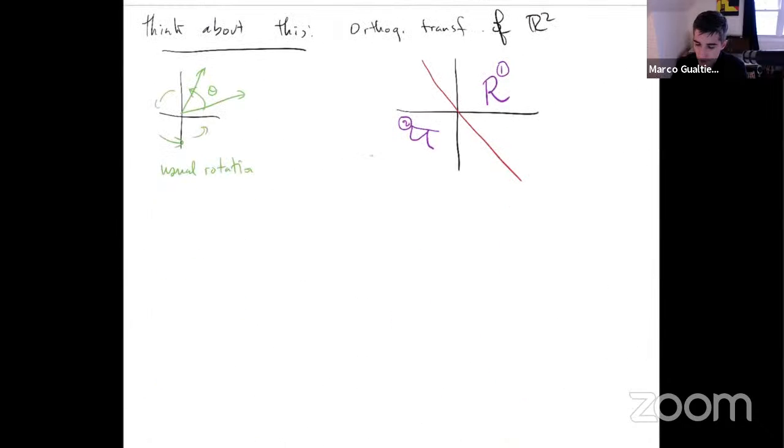Would be a good one. Oh yeah, this is a good one. So this is reflection 1. That took me from here to here.